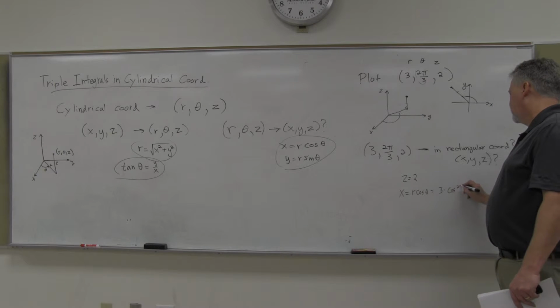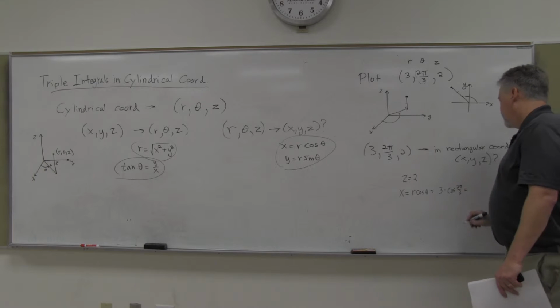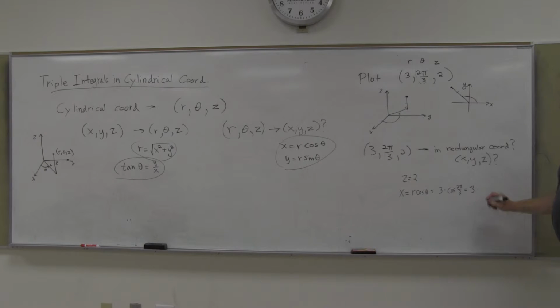2 pi over 3. We should plug it in, but let's see. Doing a lot of reviewing here. All right, 2 pi over 3, it's in the second quadrant, so it is negative. Then yeah, so then cosine of pi over 3, is that square root 3 over 2?